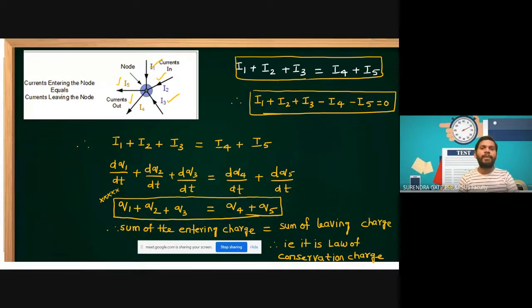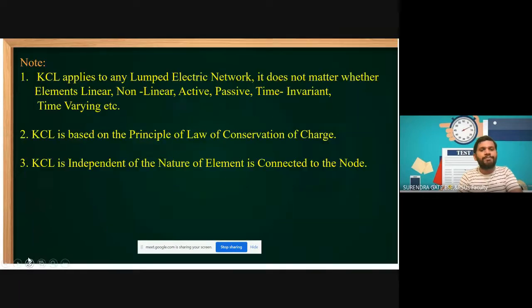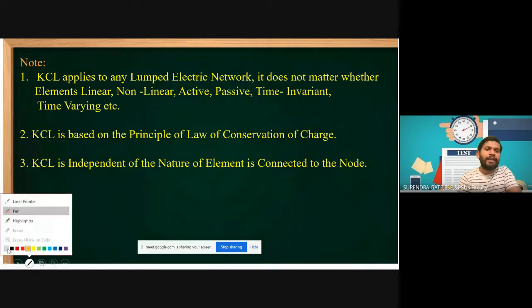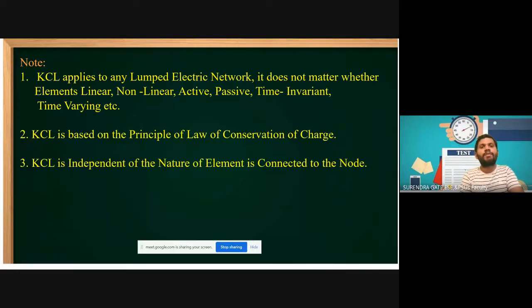Yes, this point mainly concentrate, students. Sum of the entering charge equals sum of the leaving charge. Next, these points also concentrate to answer any theory question on KCL. KCL applies to any lumped electric network. What is a lumped network and what is a distributed network, I told you, students. But KCL is valid only for lumped electric networks.